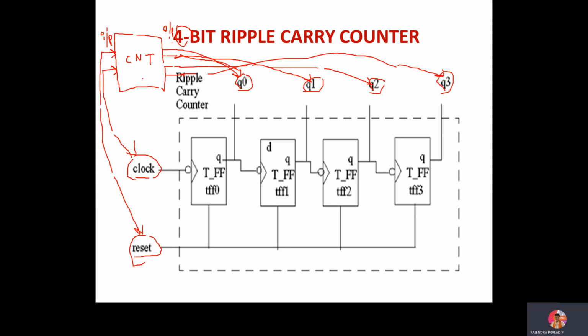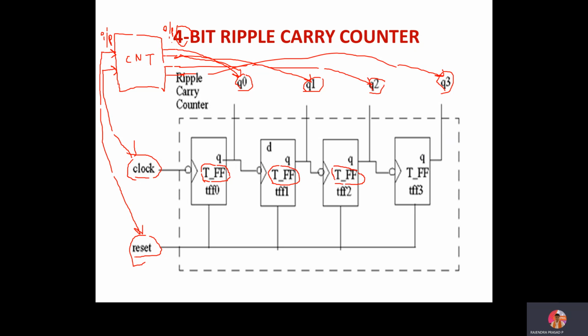I have to use either the top-down approach or the bottom-up approach. You can see I've implemented this 4-bit ripple carry counter using flip-flops. Which flip-flop am I going to use? I have used the T flip-flop. As it is a 4-bit counter, I'm going to use 4 T flip-flops for the implementation.